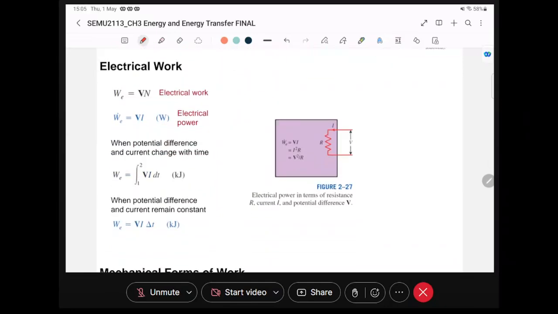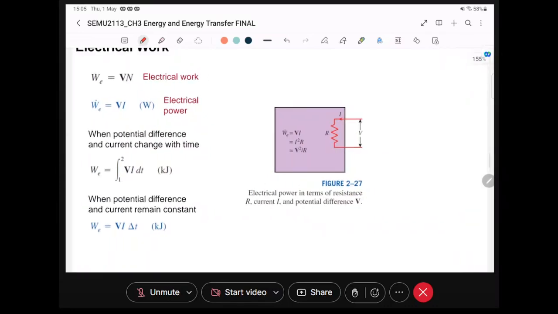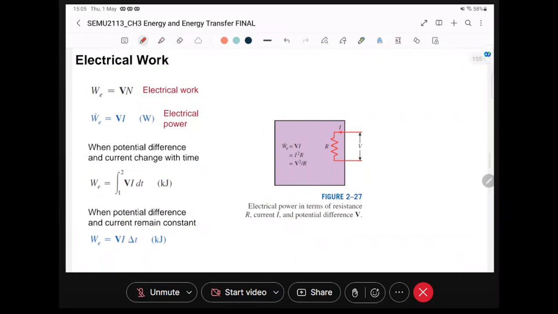Electrical work is another form of work other than kinetic energy and potential energy. To get the electrical work, we usually calculate from the electrical power. I think you should be more familiar with this equation than me. The electrical power is the voltage multiplied by the current.